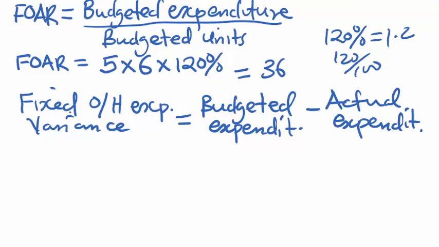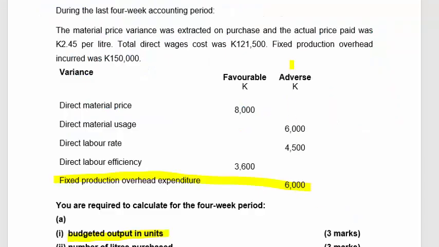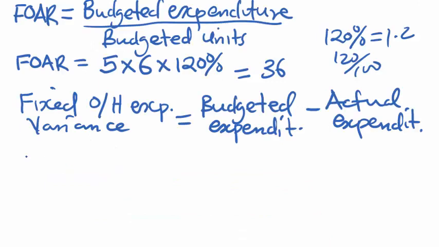From the question, we've been given the fixed overhead expenditure variance as 6,000 adverse, which means minus 6,000.